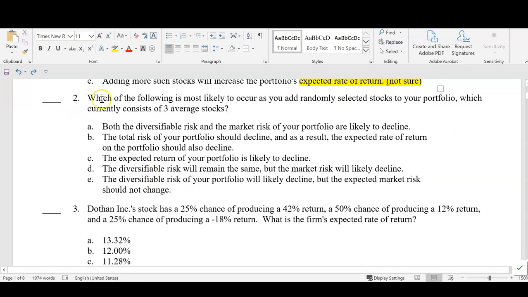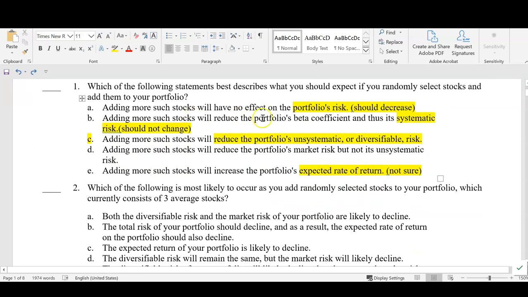Question 2. Which of the following is most likely? And for question 1, if you're not sure what's going on here, please go to chapter 8, class 3. You're going to see the graph about risk diversification. I wish I had a pen here.